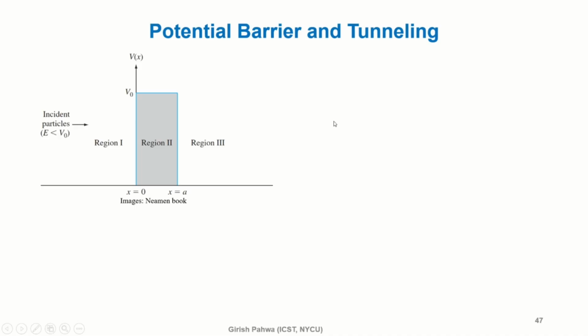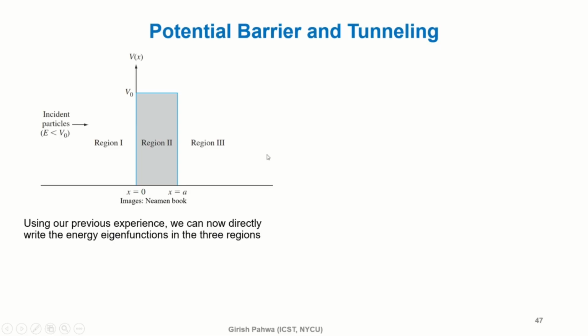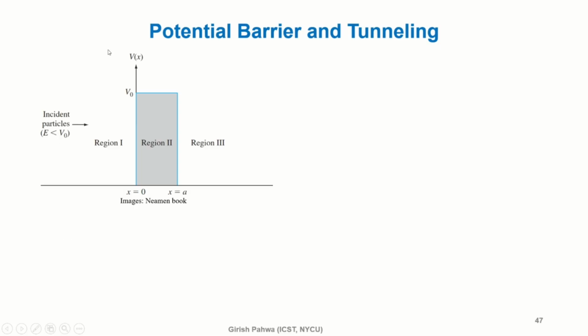What is the meaning of a potential barrier? Till now we talked about a well. A potential barrier means you have a potential energy of zero here, but then you have a barrier of some finite potential energy.